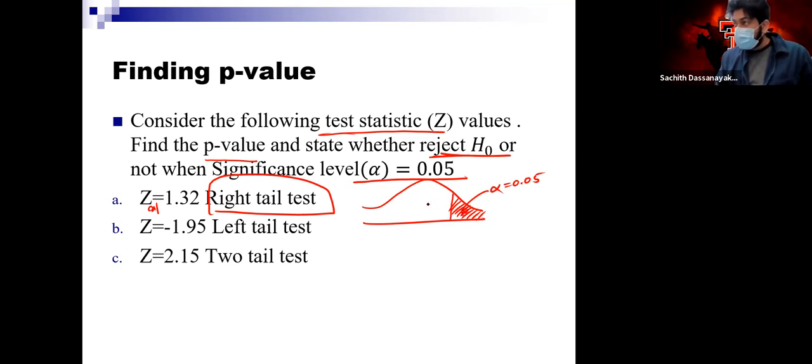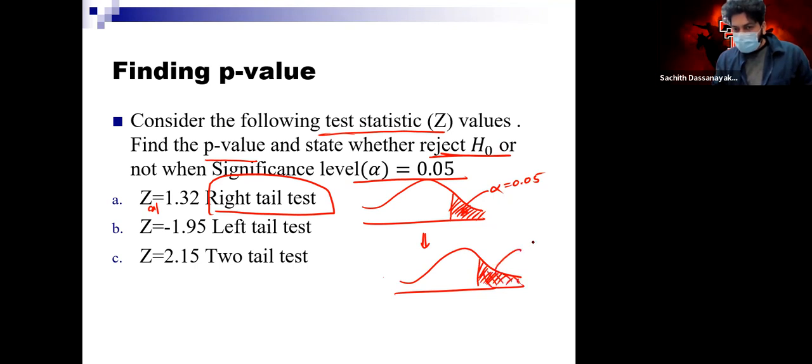I cannot show it like a point, so let's say your p-value is something like this. This is your delta. Clear? So you have to compare these areas. See this colored area, which one is bigger or smaller. Based on that you decide reject or not reject.